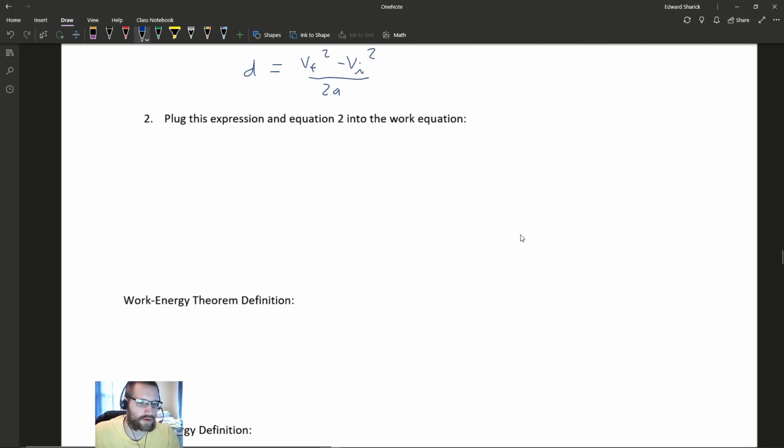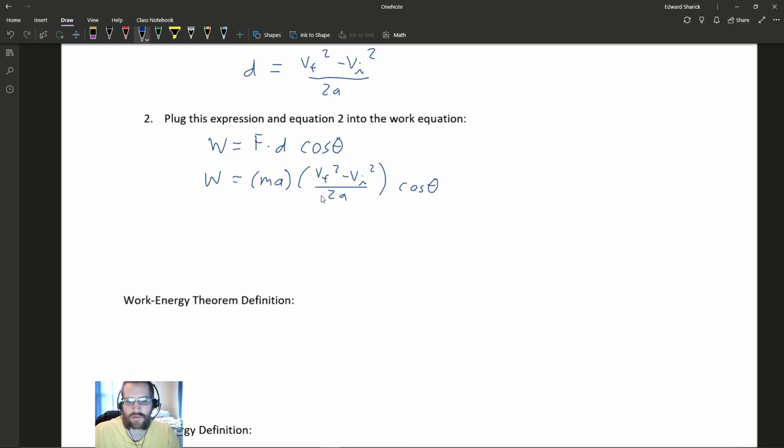All right, so my original equation is that work equals force times the displacement or distance times cosine theta, the angle between the vectors. If I know that force equals mass times acceleration, and the distance is v final squared minus v initial squared divided by 2a, something pretty interesting happens.